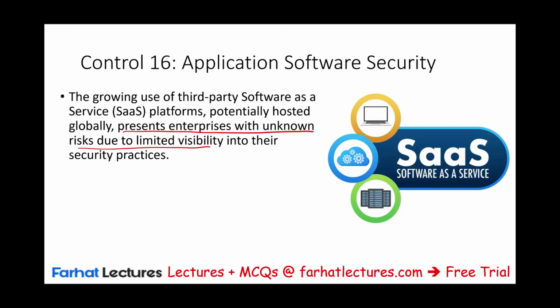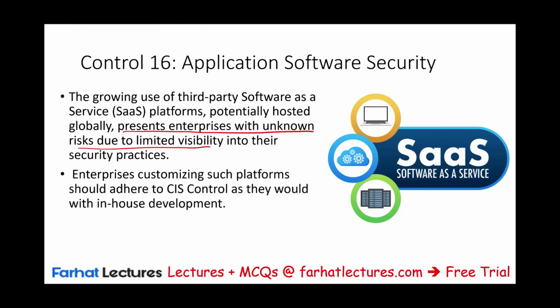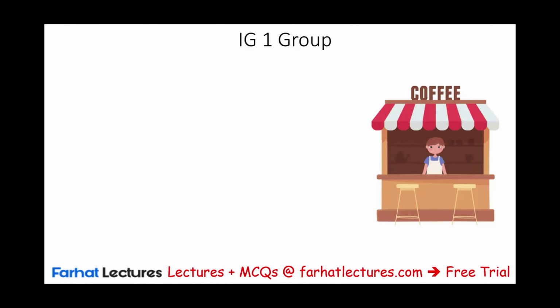So the software is only as protected as that third party. Enterprises customizing such platforms should adhere to CIS controls as they would in in-house development. Simply put, they have to impose on the SaaS the same controls that they impose on themselves, because they are renting from them and relying on their security. Now, what do we have to know about this control?